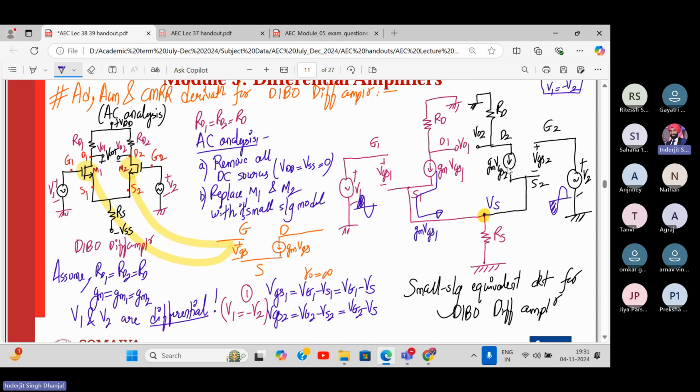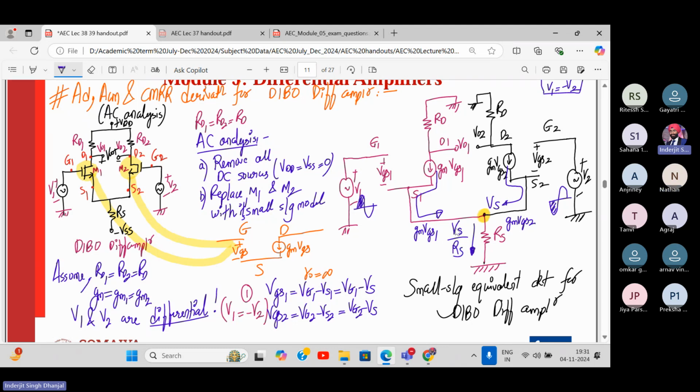Second current is this current, which is GM into VGS2. Third current is this current. Can you tell me how much is this current? This is a resistor, and this is an AC voltage Vs. So what will be this current? Vs upon Rs. Agree or no?